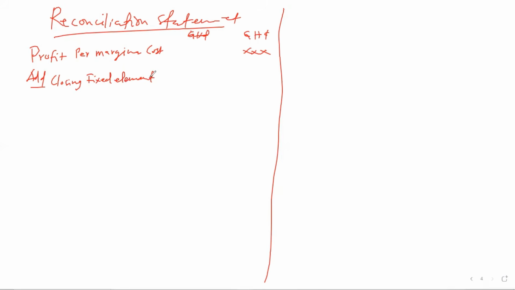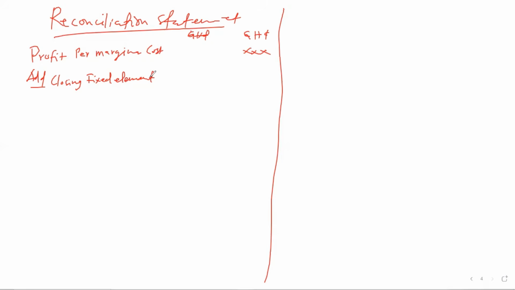What do you mean by the closing fixed element? What we mean by the closing fixed element is the closing units you have in your answer, multiplied by the fixed cost per unit. In this particular question, the fixed overhead per unit is what? 1.